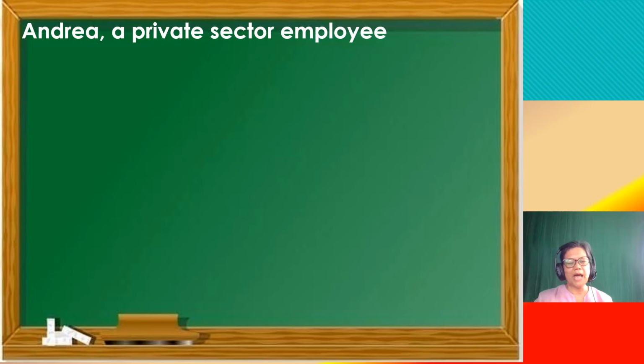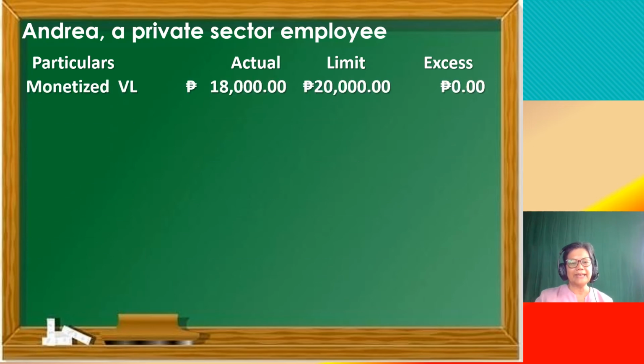Let us compute now for Andrea. Okay, the first thing that you're going to do is put labels such as particulars, actual, limit, and excess. The first item is monetized vacation leave. As computed a while ago, the actual is 18,000 pesos. The limit is 20,000. Where did you get 20,000?